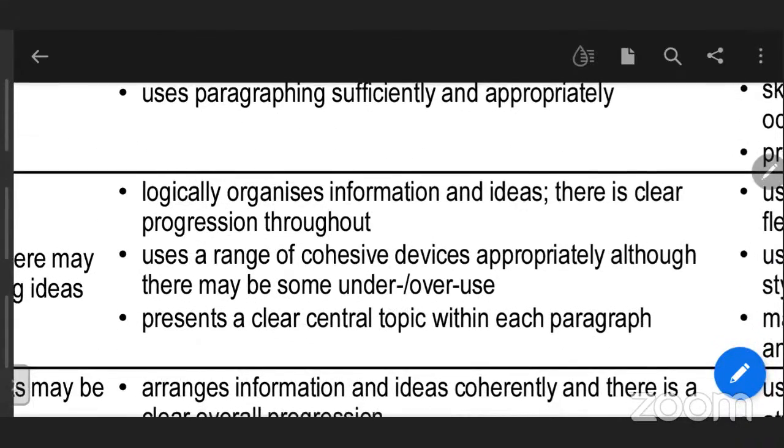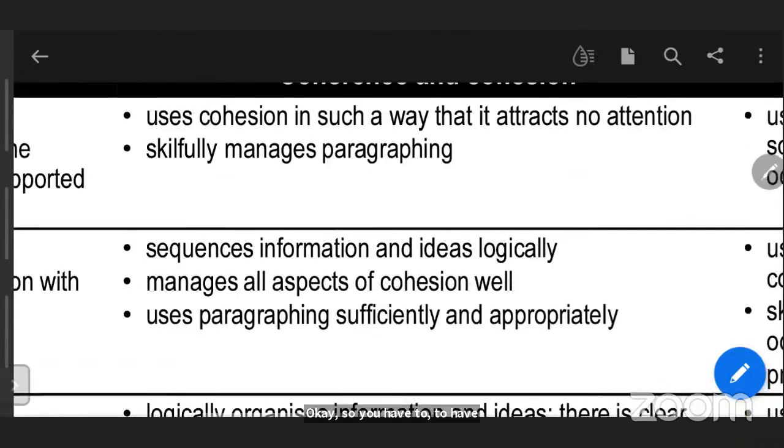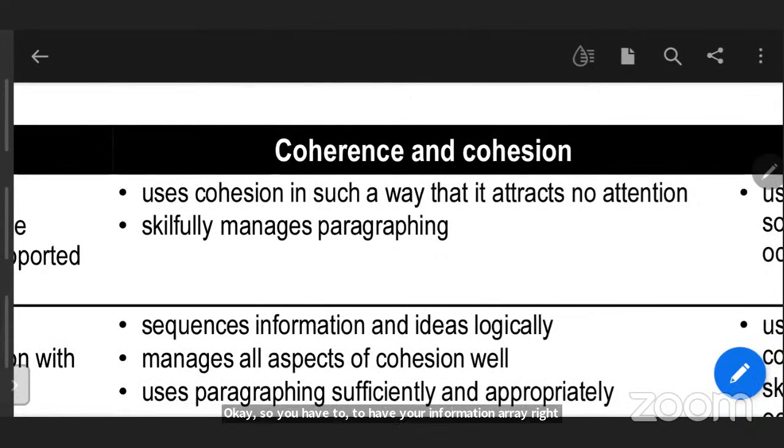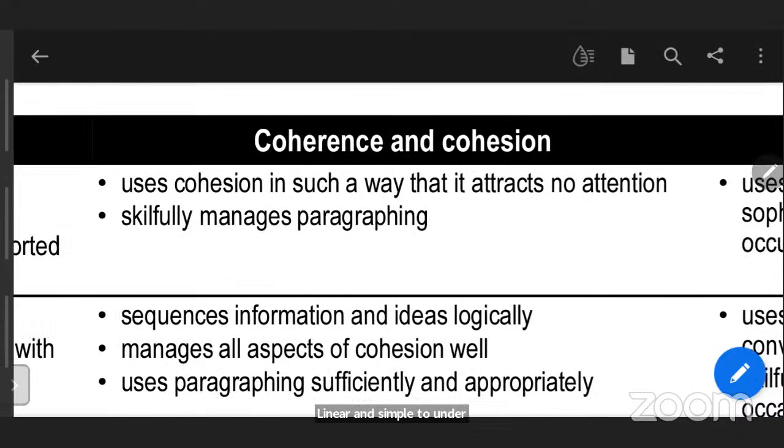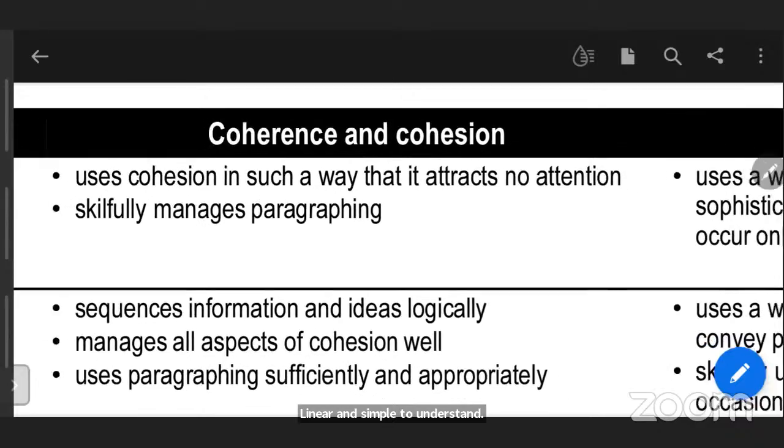So you have to have your information arranged, and it also has to be logical. Do not go back and forth. Make your writing linear and simple to understand. Okay, don't make it very complicated.